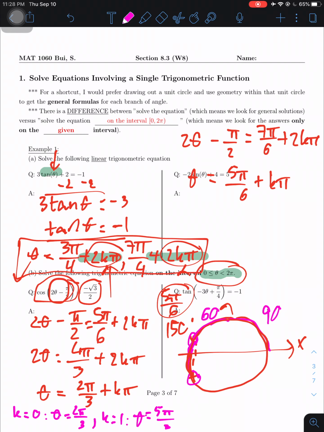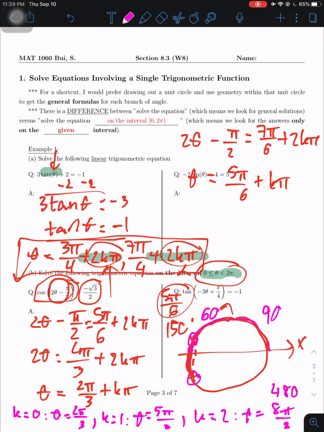Okay, and similarly, if you plug in k equals 2, you're gonna get theta equals, let's see, 2 over 3 plus 2, that is 8 over 3 pi. But wait, 8 pi over 3, if you convert it into degrees, what do you get? 8 divided by 3 times 180, that is 480, right?